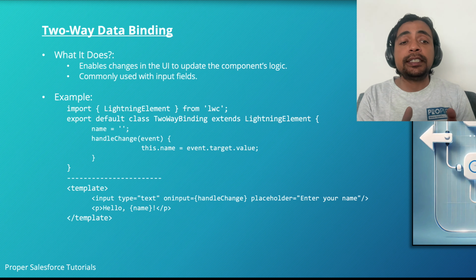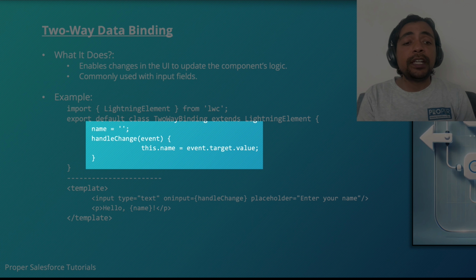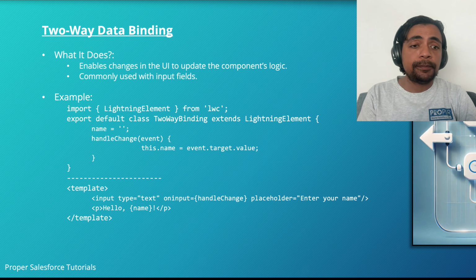If you look at this example, in the JS part, the name variable is assigned no value, or is blank. But we have a handler over here. Because of that handler, any change made on the input, or on the text box of the user interface, will automatically change the value of the variable.